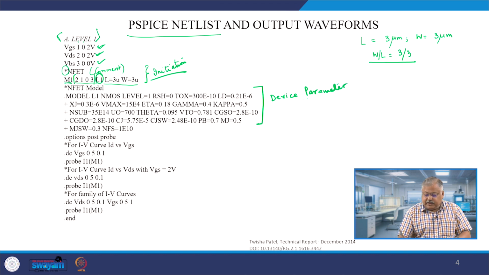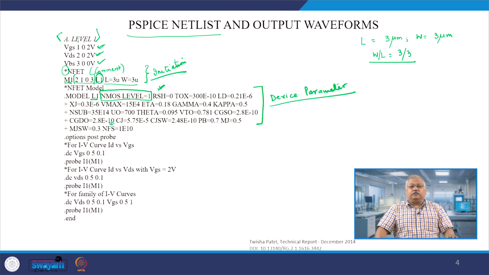So, what are the device parameters here? The model file I am taking is L1, meaning level 1, the MOS level 1 file, and starting from this quantity up to this, these are the various model parameters which need to be inserted in order to evaluate the current versus voltage characteristics.